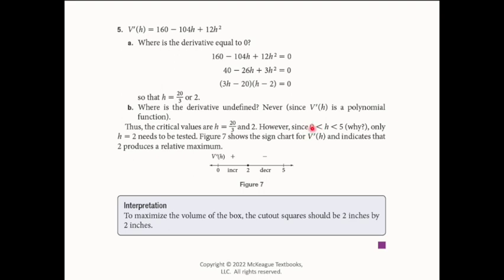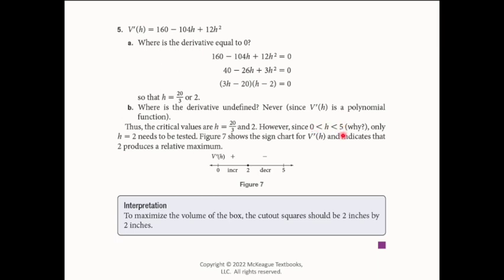Because we're using this open interval, we want the height to be greater than 0. If we have a height of 0 and we make that part of the interval, then we're not going to have any square to cut out in order to fold up the boxes, which doesn't jibe with what we're trying to do here.